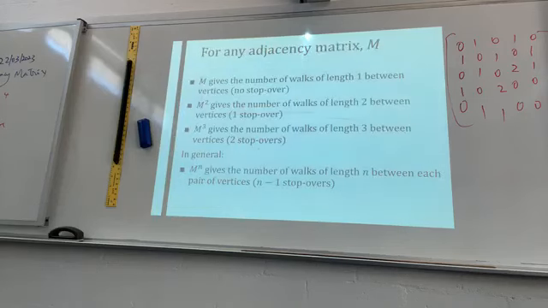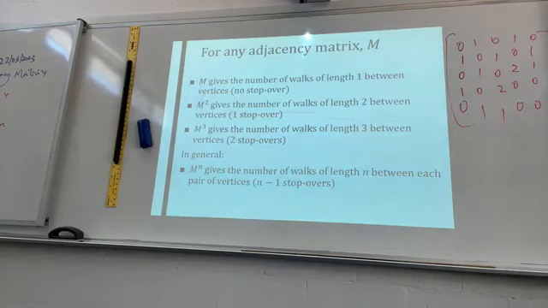All right, now this is just a summary. For any adjacency matrix M, N gives the number of walk lengths of 1 between the vertices, no stopover. N square is the number of walk length of 2, or using 2 edges, 1 stopover. N cubed gives the number of walk lengths of 3 between 2 vertices, or 2 stopovers. All right?